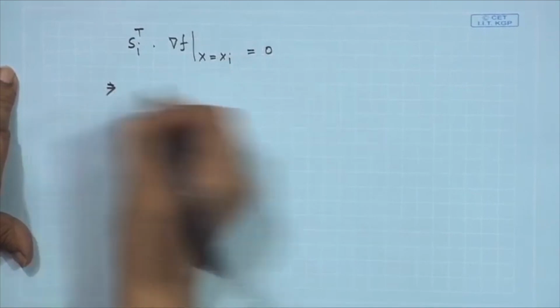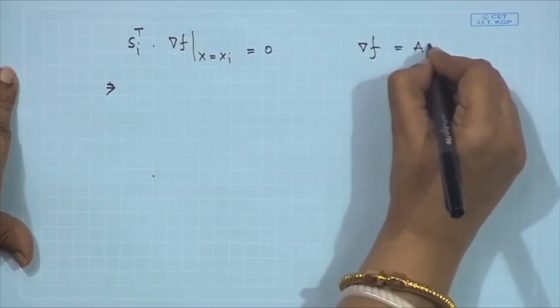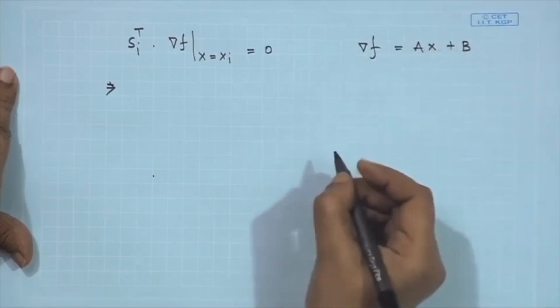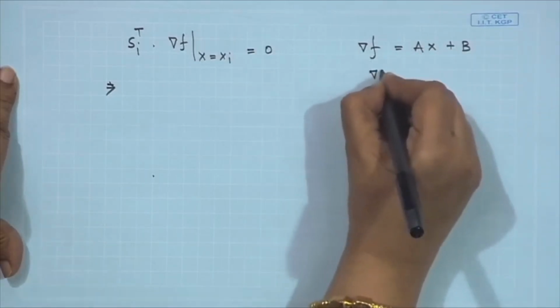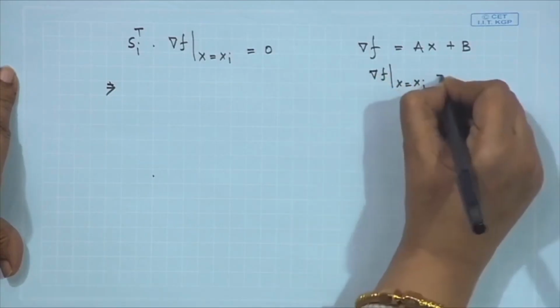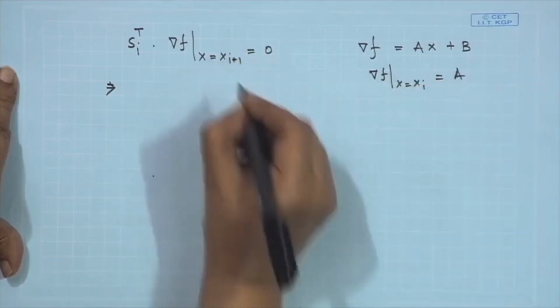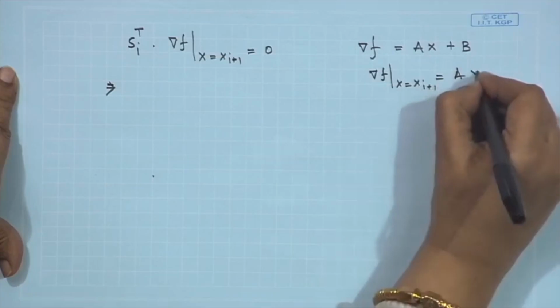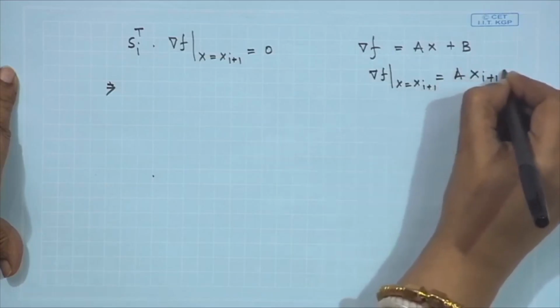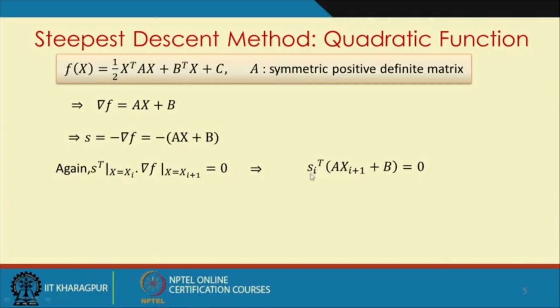It implies that, if you remember, just now we proved grad f is equal to ax plus b, all right. That is why grad of f at x equal to xi plus 1 would be, here we are considering i plus 1, a xi plus 1 plus b, no problem. That is why here we can say s_i transpose (a xi plus 1 plus b) is equal to 0.